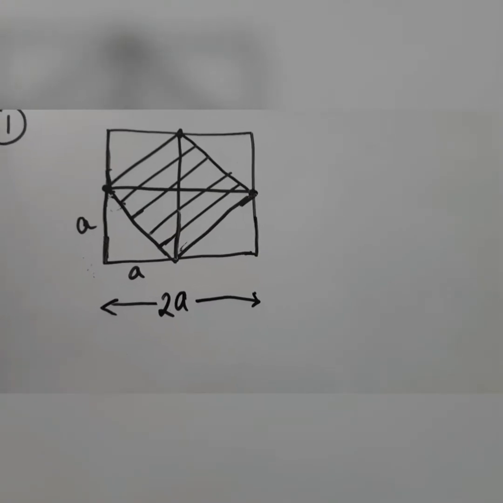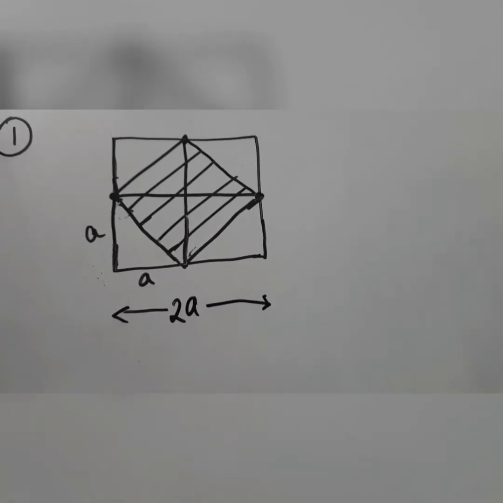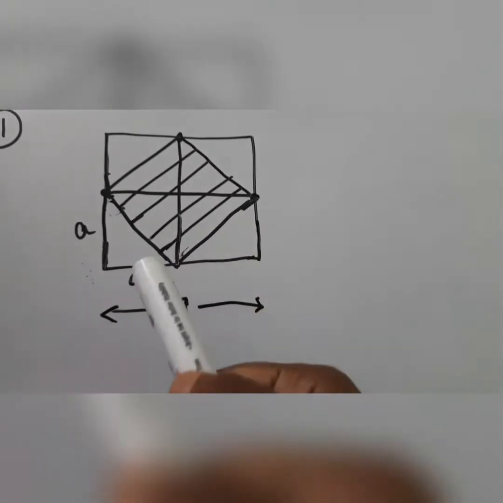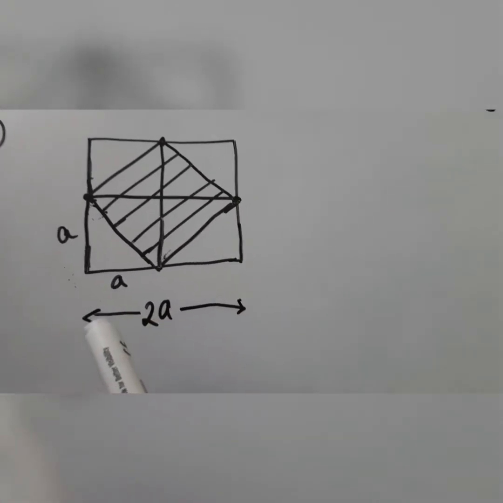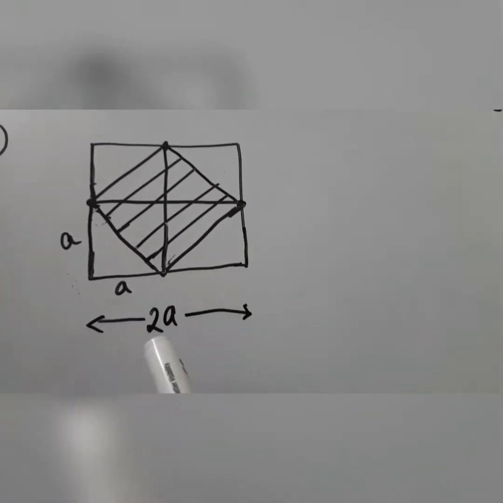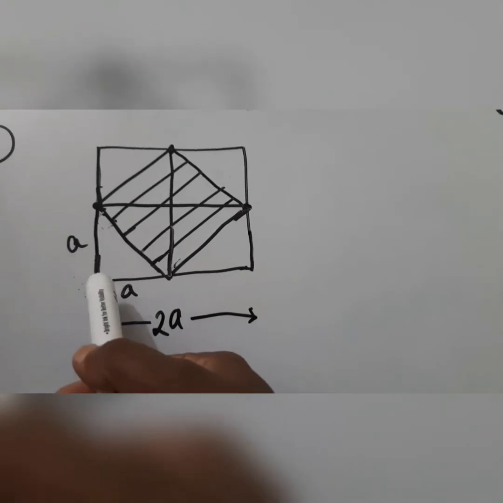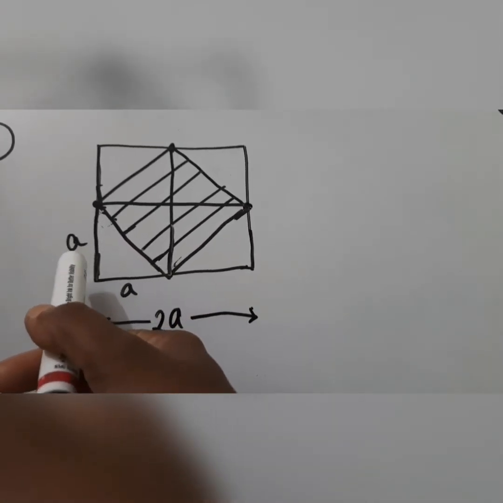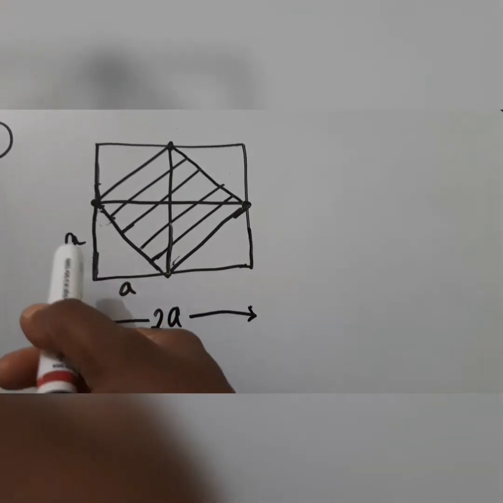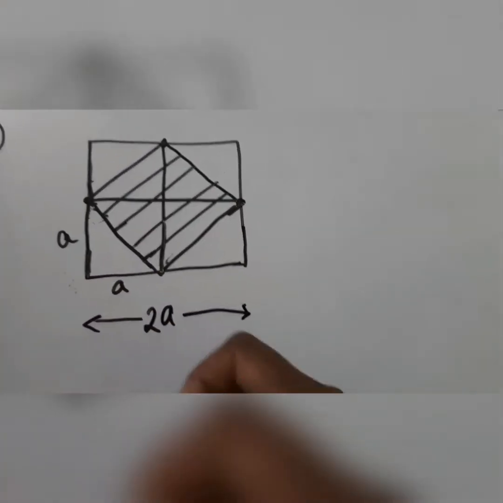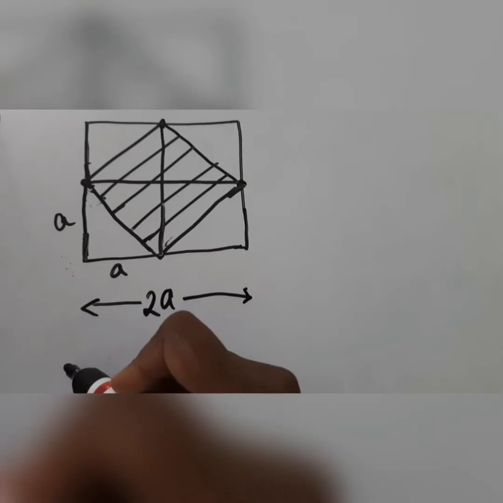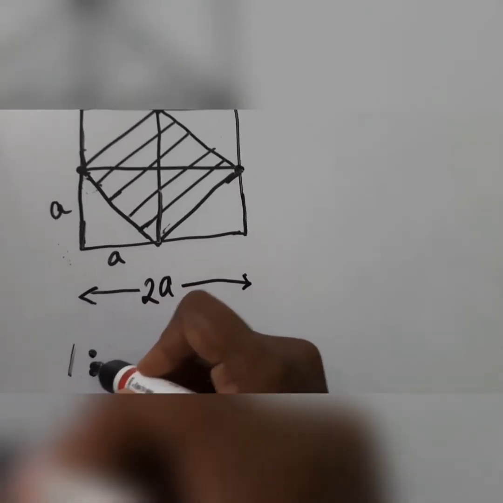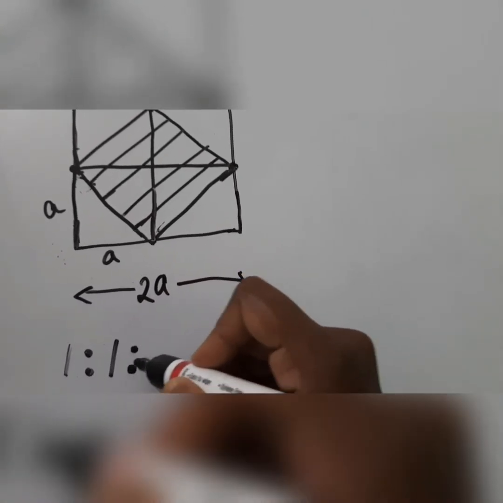Now we can find the probability by using the area. For that, I take this side as 2a. That means this half will be a, and this will also be a. Now we know the ratio 1:1:√2.